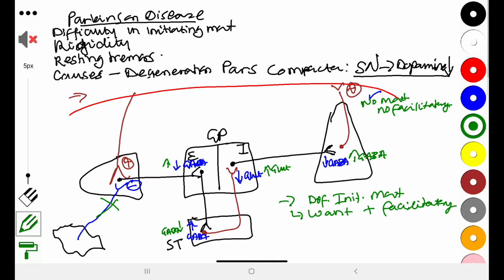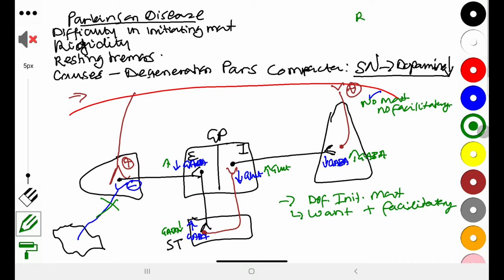Then we get to notice that the corticoreticular and reticulospinal control, we see that these two are linked. The corticoreticular fibers seem to control reticulospinal activity. What does the reticulospinal do?